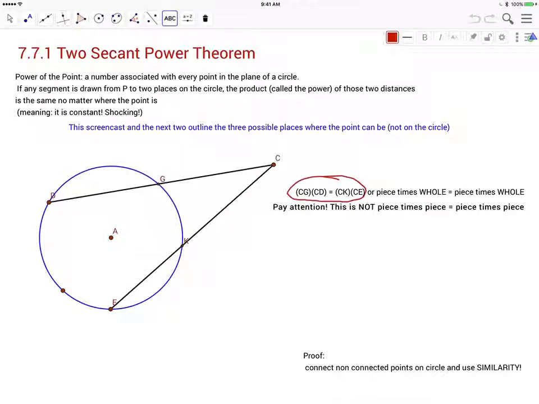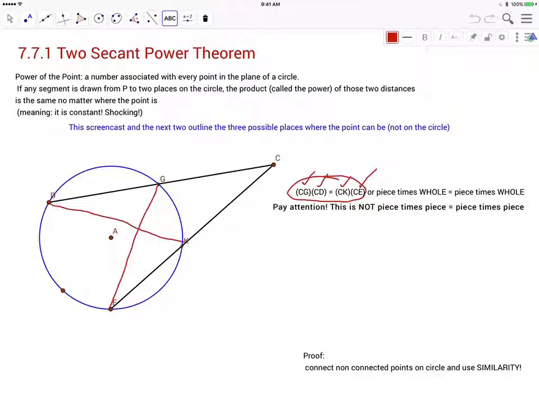And in this case, you'd be right. So let's look at these triangles. We've got a couple of triangles going on inside here. And again, what we're trying to prove is that CG times CD, right, piece times whole, is equal to CK times CE, piece times whole. And then that number is preserved all the way around.